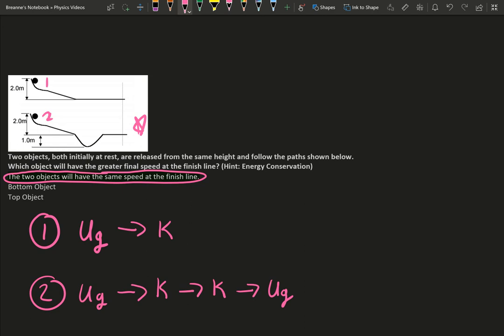Because the lower it is, the more kinetic energy it can gain. So even though it's at the same speed, therefore same energy, when it crosses the finish line, 2 will cross the finish line first. So there we go.